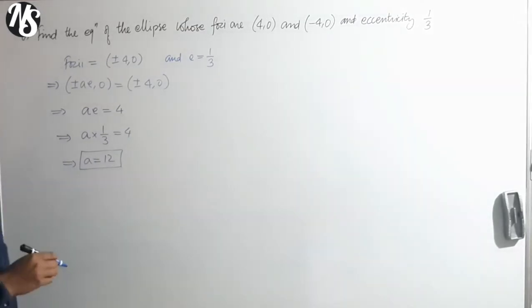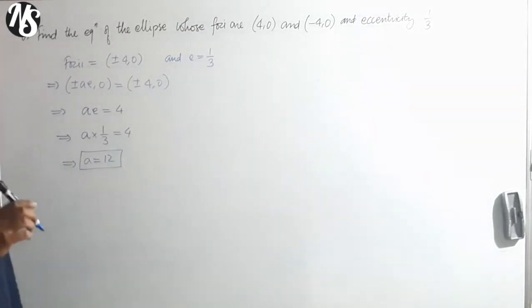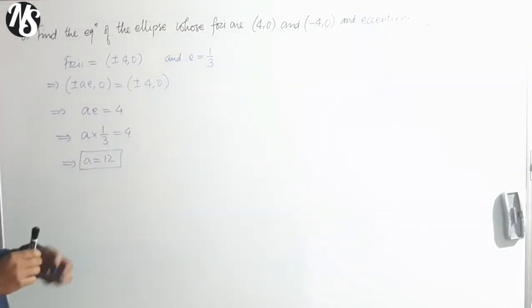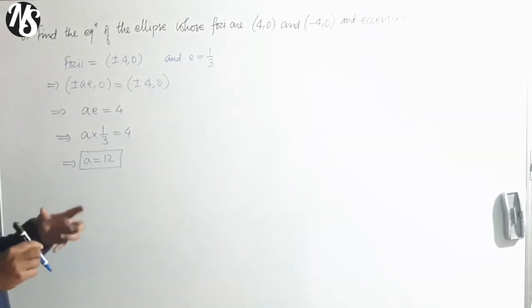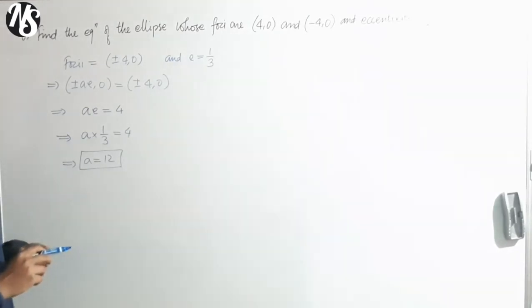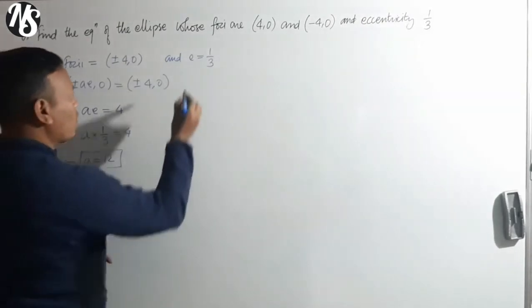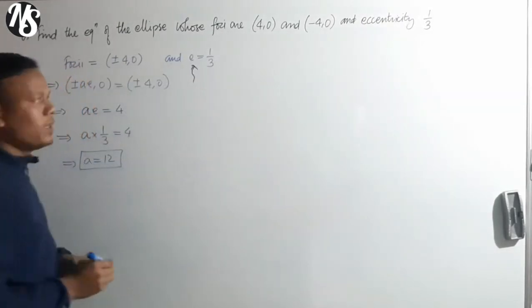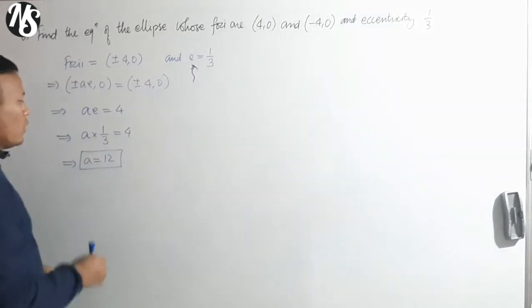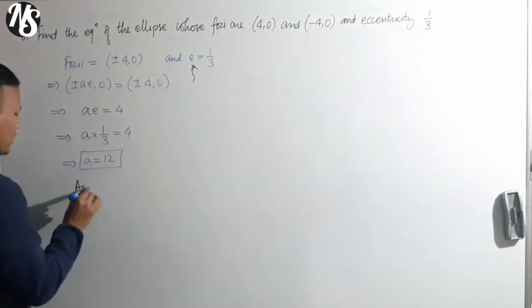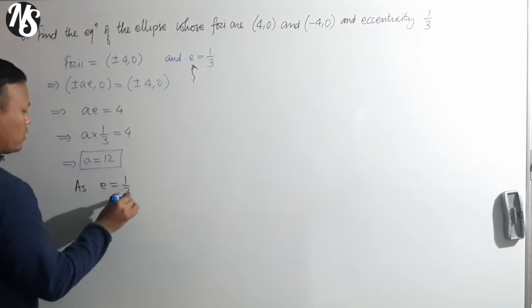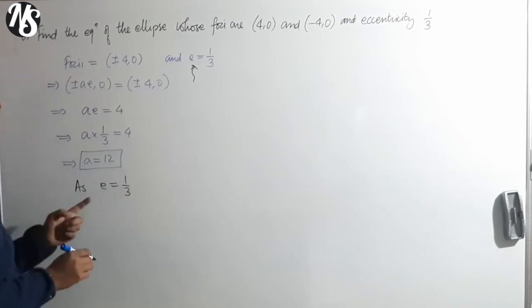Now we need to know the value of b as well, isn't it? From where are we going to find the value of b? The value of b will always be found using this particular formula for e. Now, what is the formula for eccentricity?